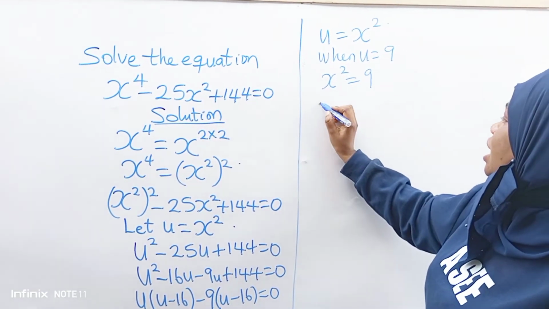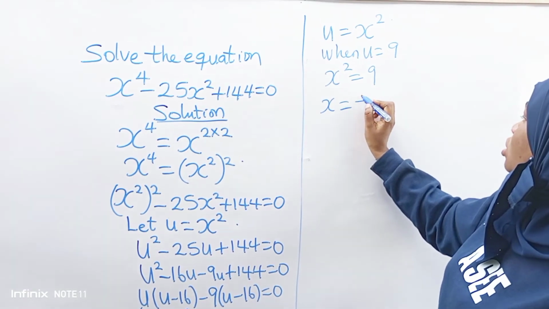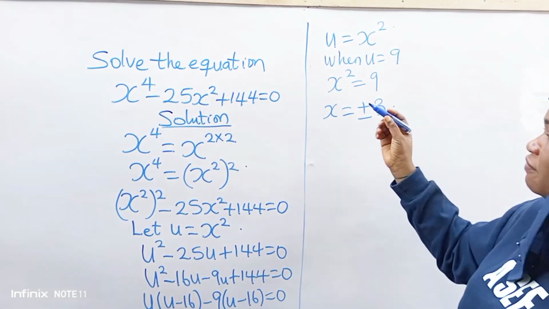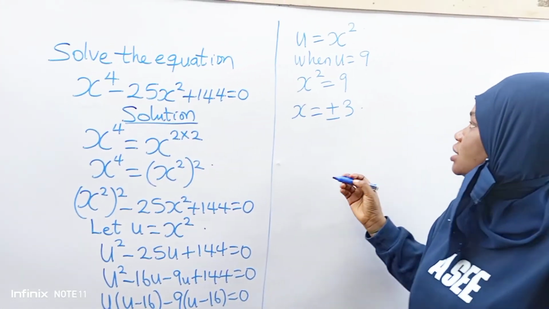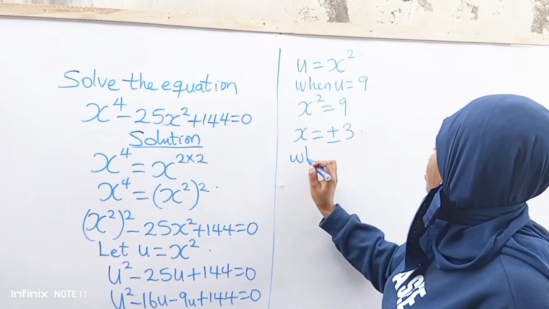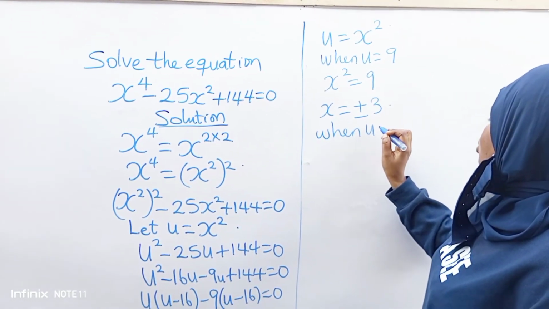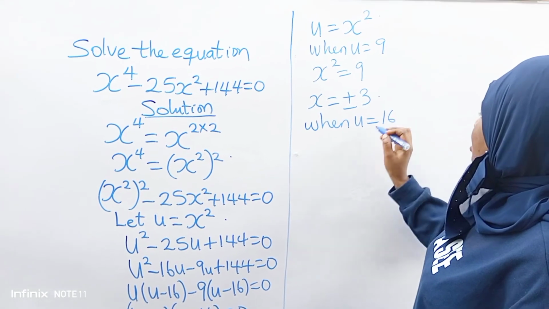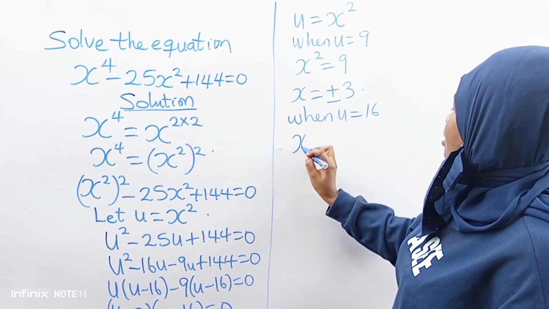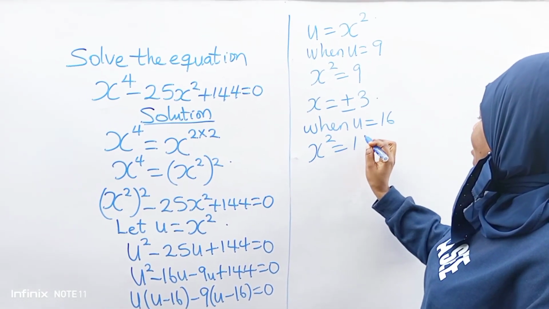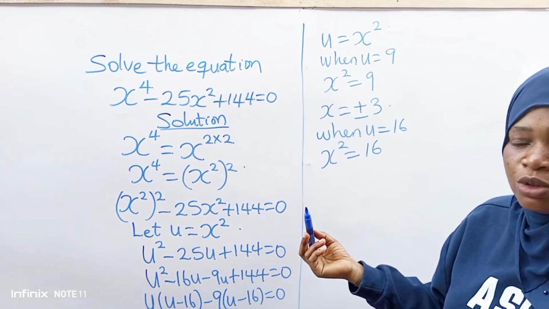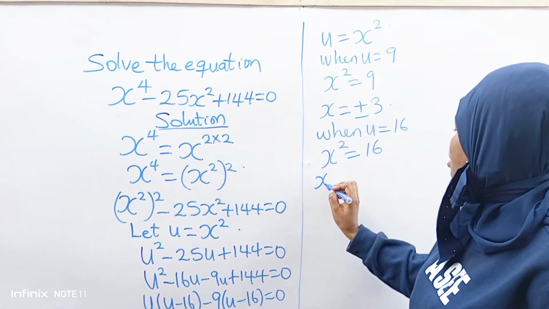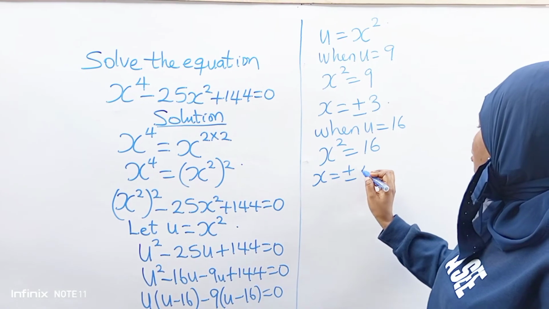So it means that x will be equal to plus or minus 3 if you take the square root of both sides. Now when u is equal to 16, that means I have x squared equal to 16, and if I take the square root of both sides, that means x is equal to plus or minus 4.